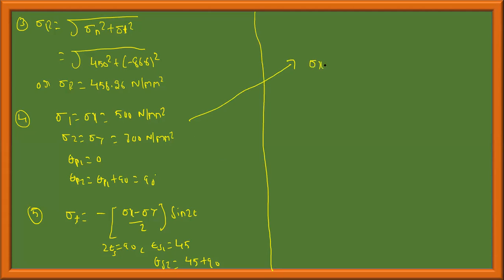Sigma x minus sigma y is equal to 500 minus 300, and theta p1 indicates the principal direction. There is no ambiguity, and theta p2 is 90 degree. I'll follow the same convention, nothing to worry. You can do it like that also.